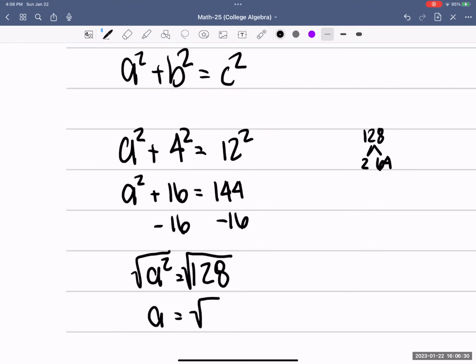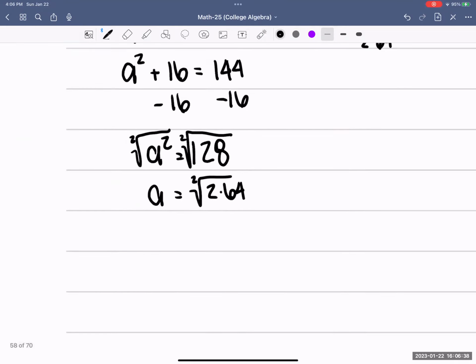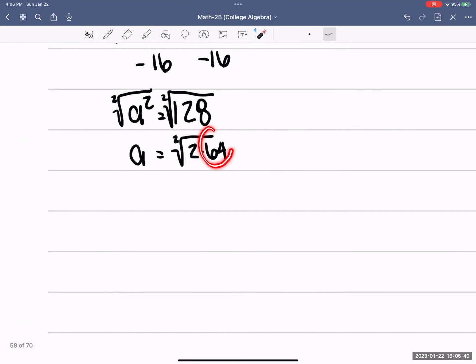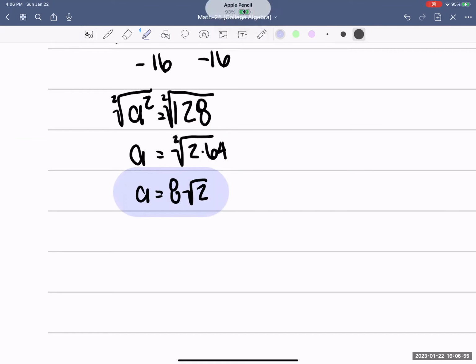So we could take the square root of 2 times 64, because I know the square root of 64 is equal to 8. So we could pull this out and say that we have 8 root 2. And that's our solution. 8 root 2, simplified form.